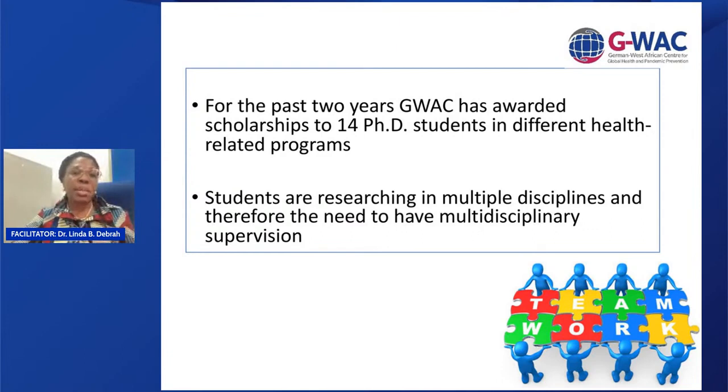And then the surveillance is mainly on disease pathogens, and these disease pathogens will have to be verified in the lab. So eventually you have the lab aspect, the social science aspect, and the digital aspect, and it spans over a range of disciplines. And this warrants interdisciplinary supervision for students in G-WAC.